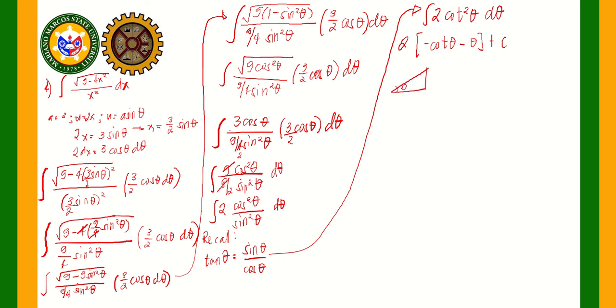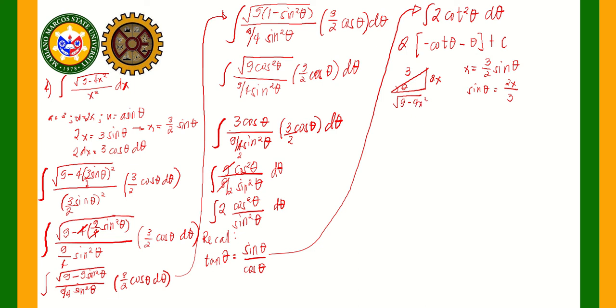So if this is your theta, and your x is equal to 3 over 2 sine theta, we are going to find the value of sine theta. That will be equal to 2x over 3. And sine theta is equal to opposite over hypotenuse. So our opposite will be 2x and our hypotenuse will be 3. So our adjacent will be equal to the square root of 9 minus 4x squared.